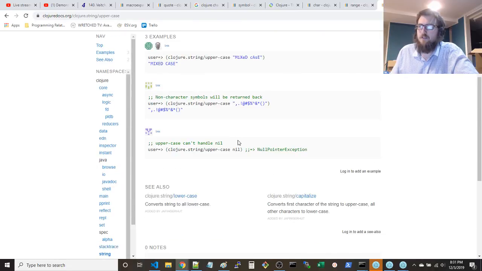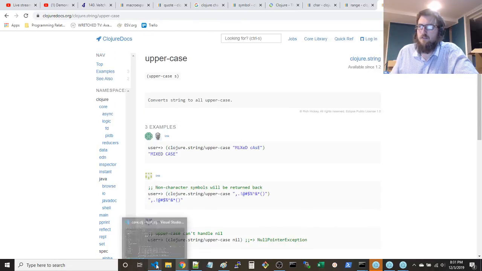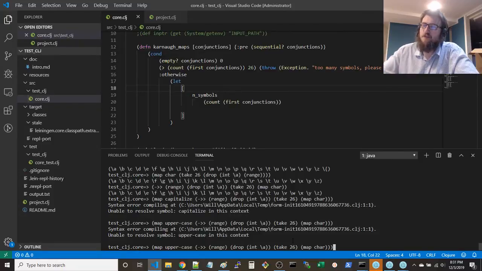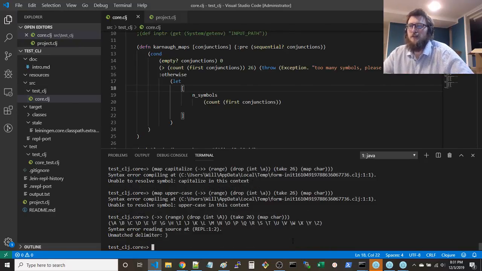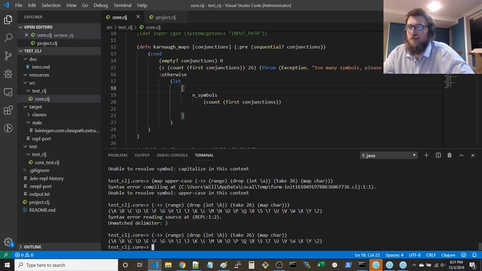Clojure.string. There's a few ways to do this one, but you could do this too. Yeah, you do both.